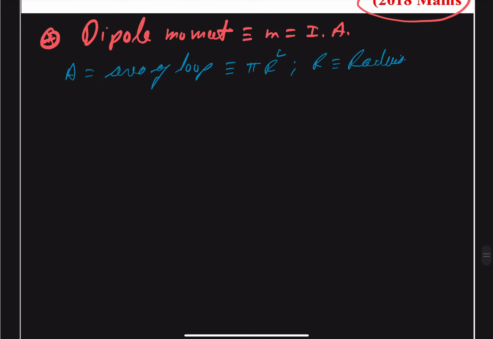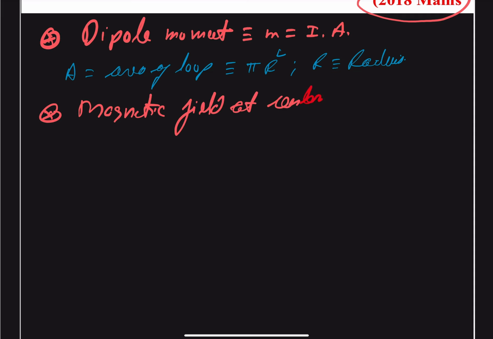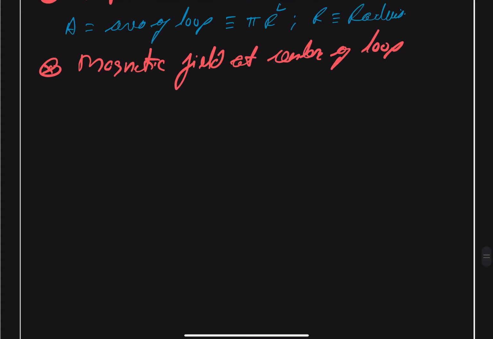And the magnetic field at the center of the loop, that is our B, is equal to mu naught I upon 2r.